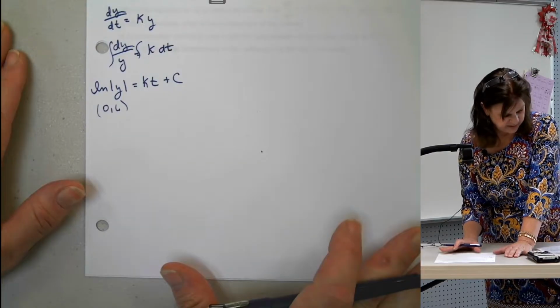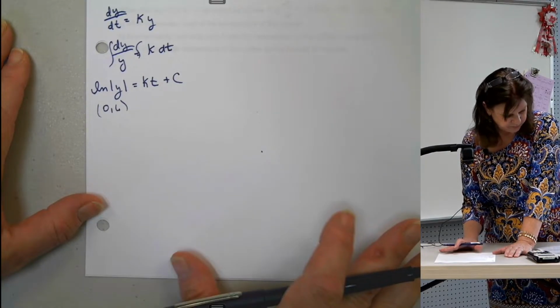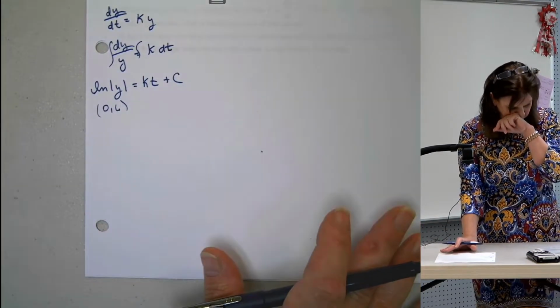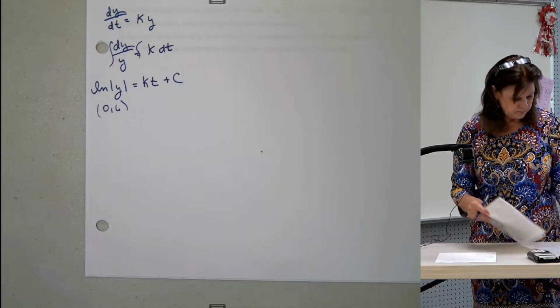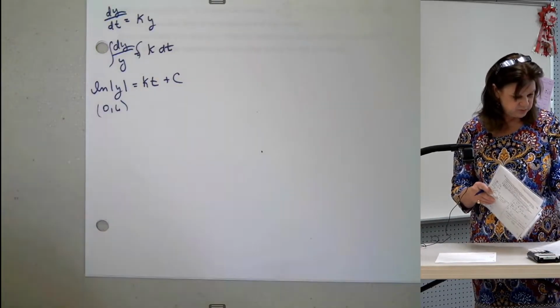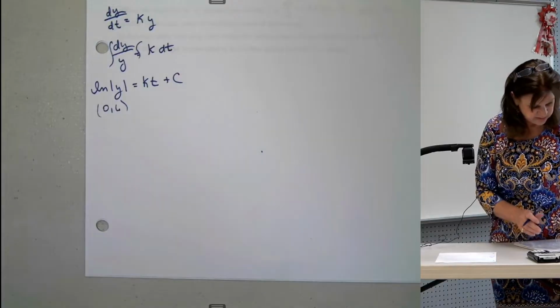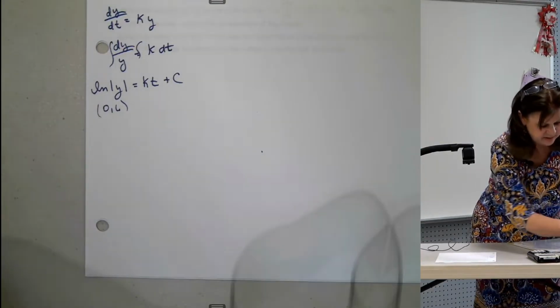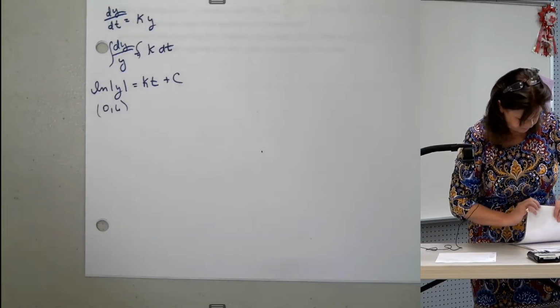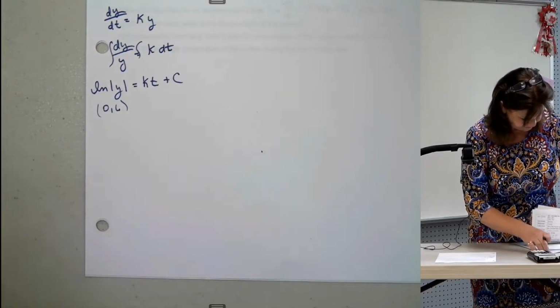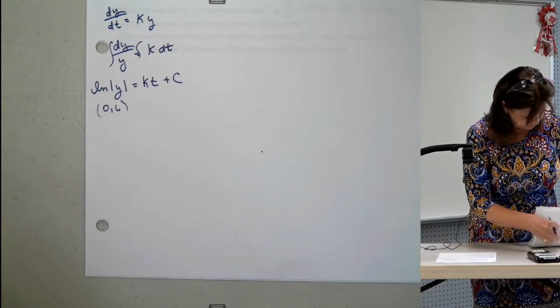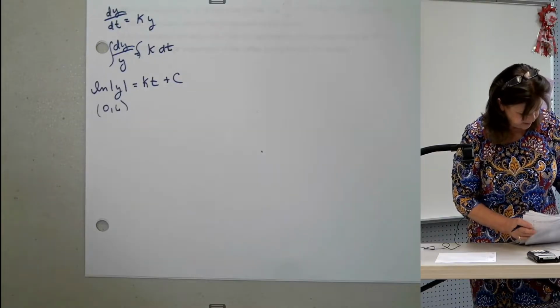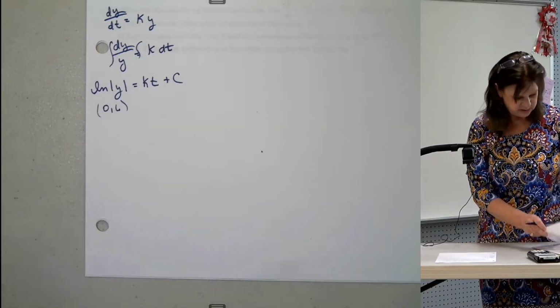Hang on, I'm trying to figure out how I want to work this. Bear with me just 1 second. I have this worked out 2 separate ways. I want to see the path I want to take real quick.